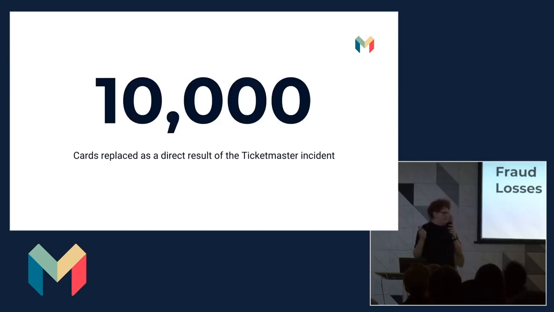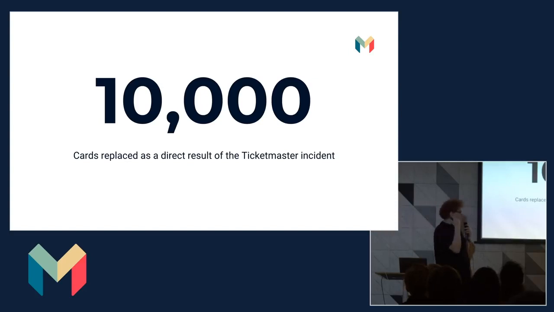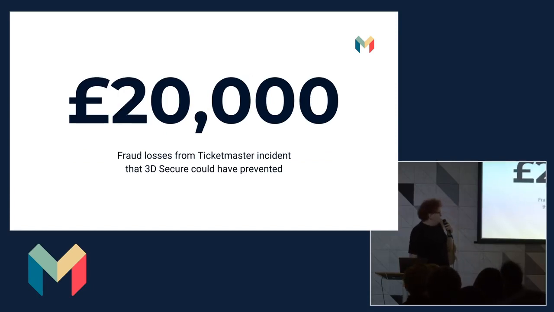As a result of the Ticketmaster breach, we were pretty much forced to replace, I believe the number's actually closer to 20,000, but over 10,000 cards had to be replaced because we just didn't have any sort of second form of security. If the card numbers were out there, they were out there. Which led to about £20,000 worth of losses just on those cards. And these are losses that we cannot recover because we didn't support 3D Secure.